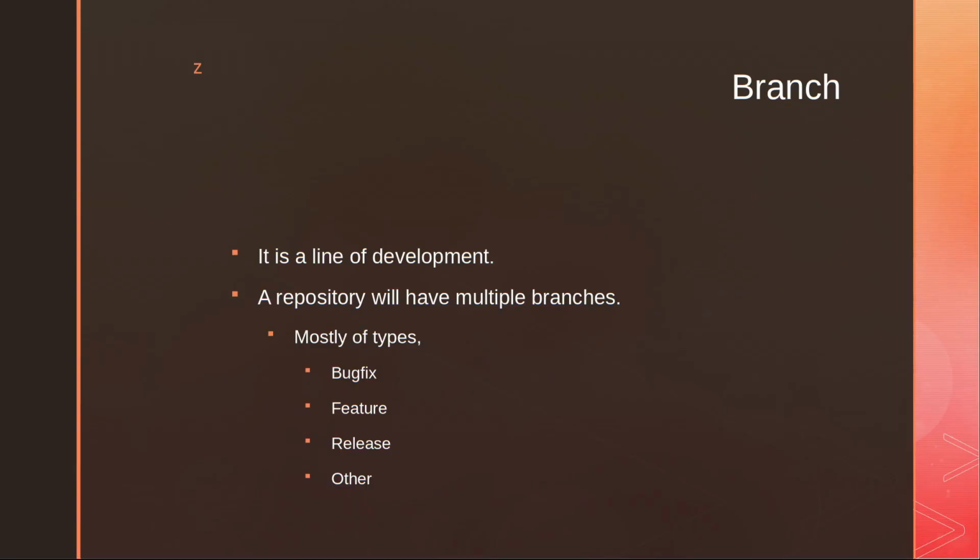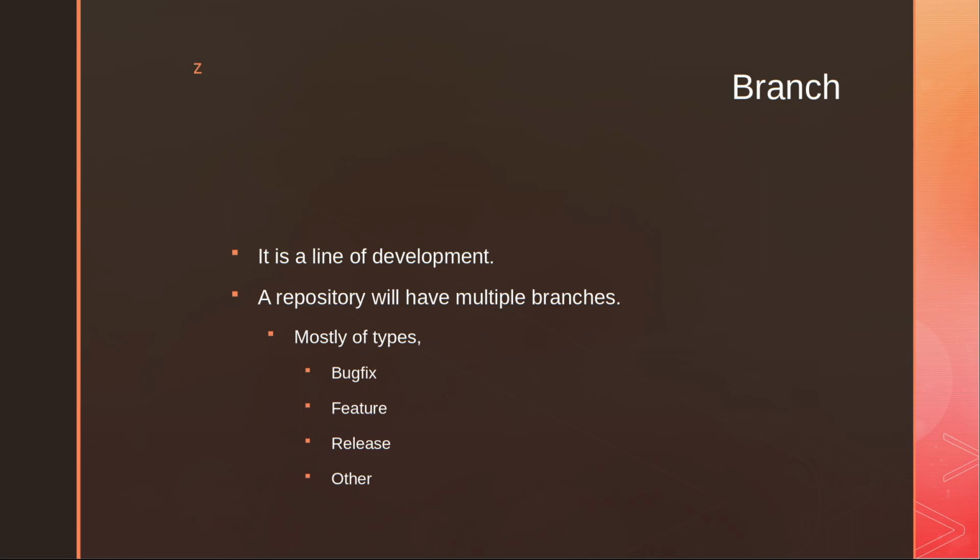A branch is a line of development, as per the definition from the Git main page. A repository will have multiple branches, and these branches have different types. If you are working on bugs or issues, the branch type can be bug fix.